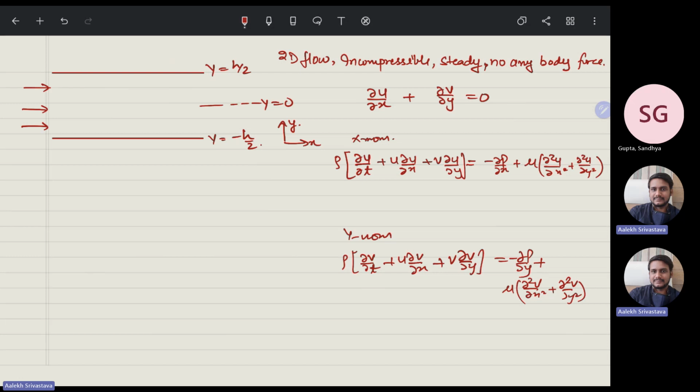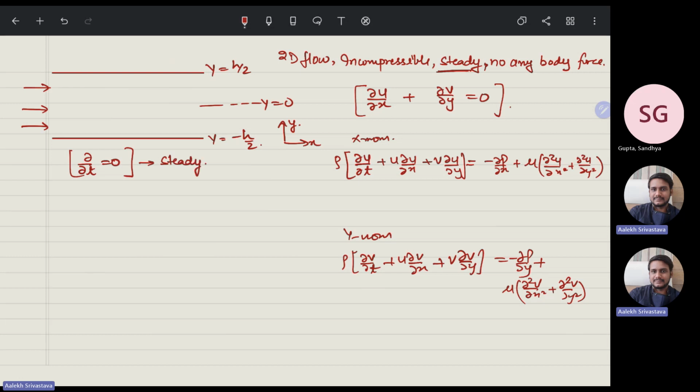So the flow is incompressible, so first this is the continuity equation that will come. If the flow is steady, del of del t is equal to 0. This is the meaning of steady.